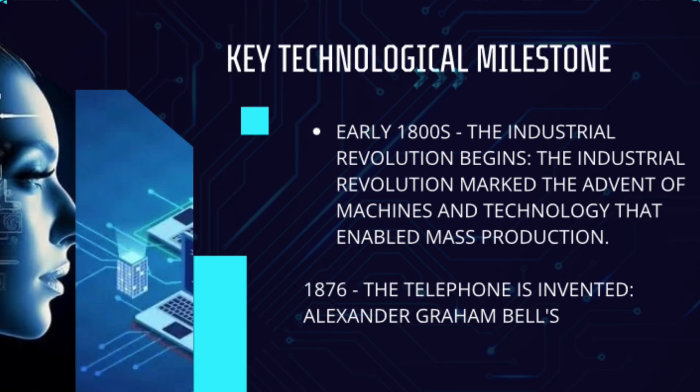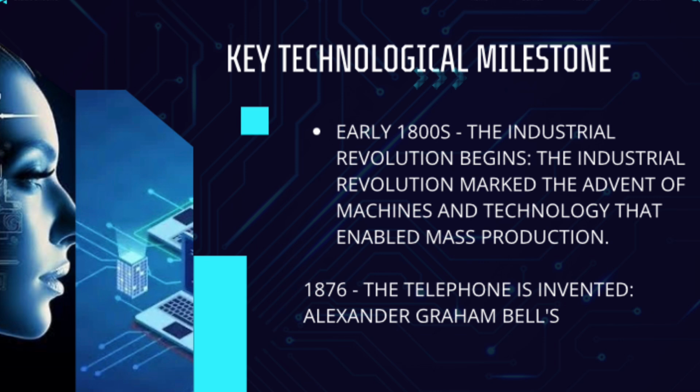Evolution of technology has key technological milestones that start in the early 1800s. The Industrial Revolution begins. The Industrial Revolution marked the advent of machines and technology that enable mass production.